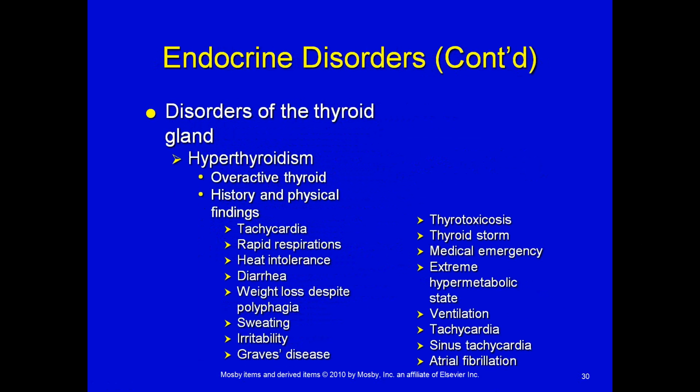So things like tachycardia, tachypnea, heat intolerance, diarrhea, weight loss, constantly hungry, sweating, because sweat glands are under the control of adrenaline, and if your metabolism is jacked way up, you're secreting the adrenaline, which causes the tachycardia and the tachypnea and the sweating.